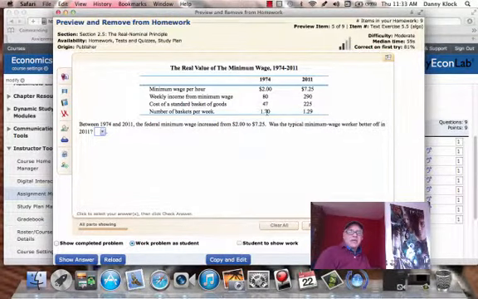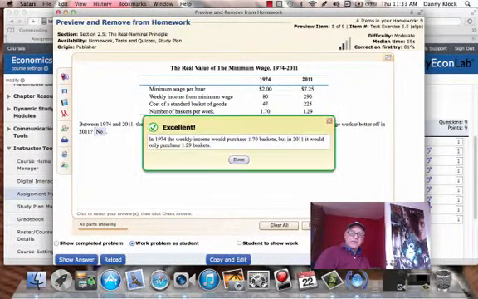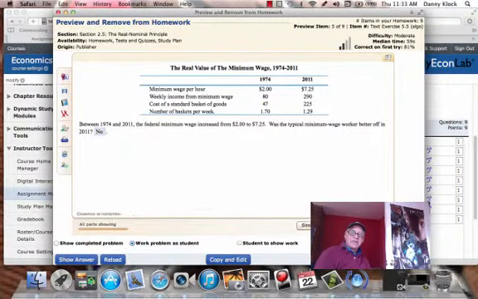So basically, you're making less money in 2011 because you can only buy 1.29 baskets per week compared to 1.70 in 1974. So the minimum wage is not better off. Boy, that was an exclamation for a simple thing. Yeah, great. Love it.